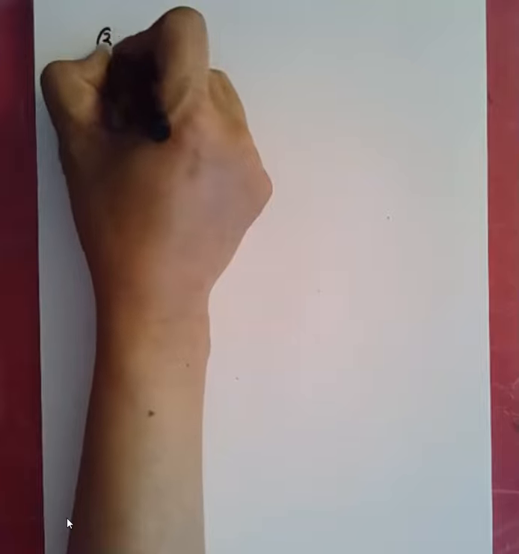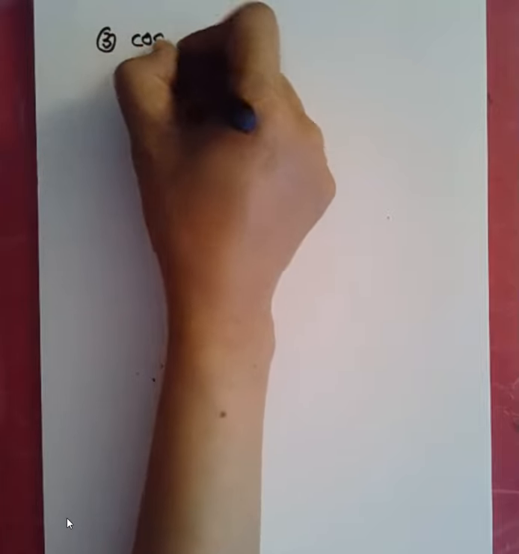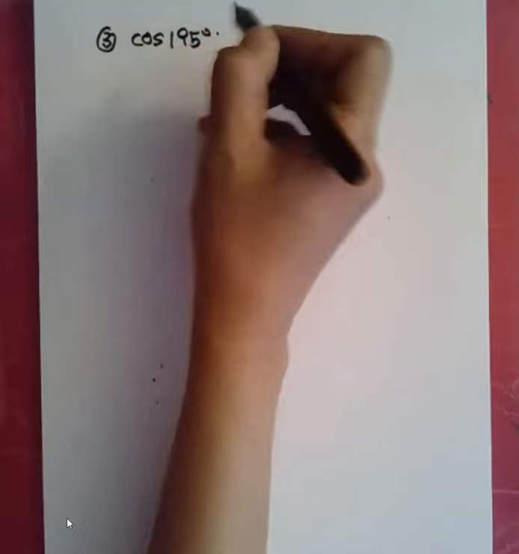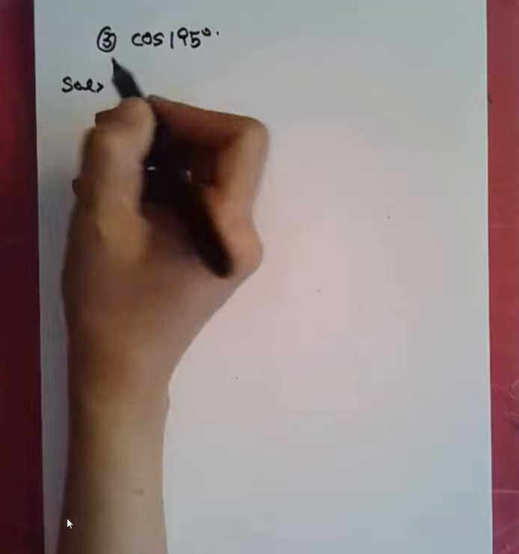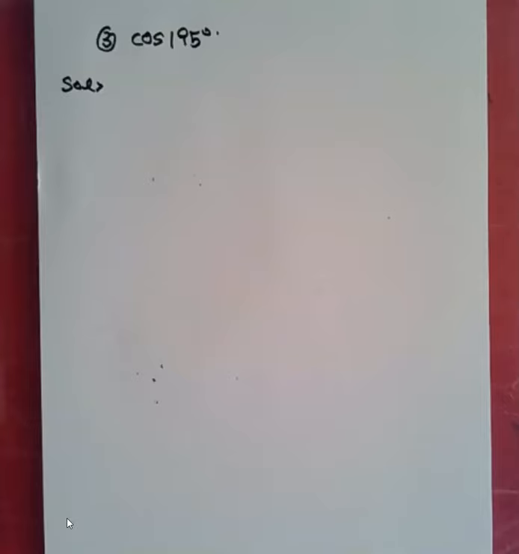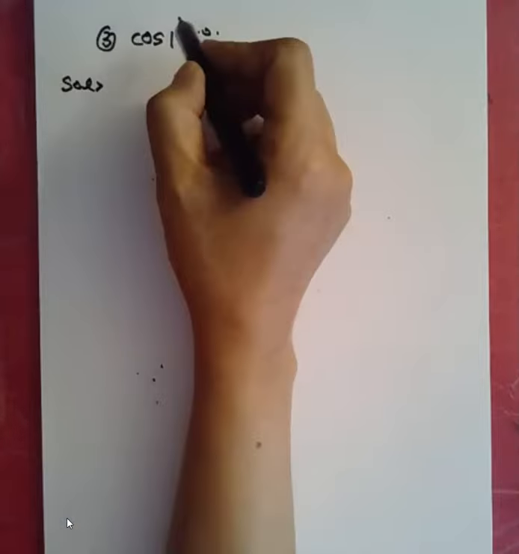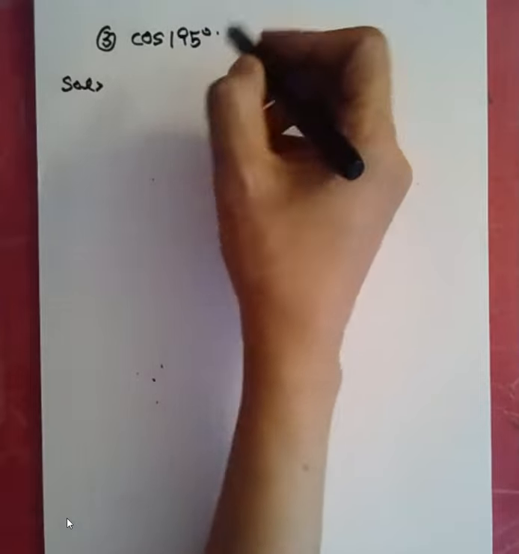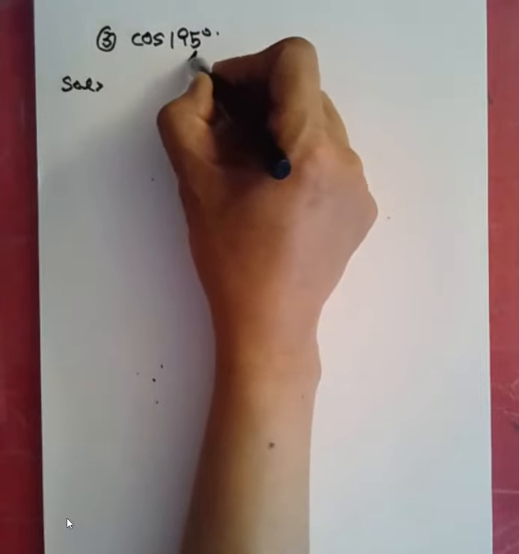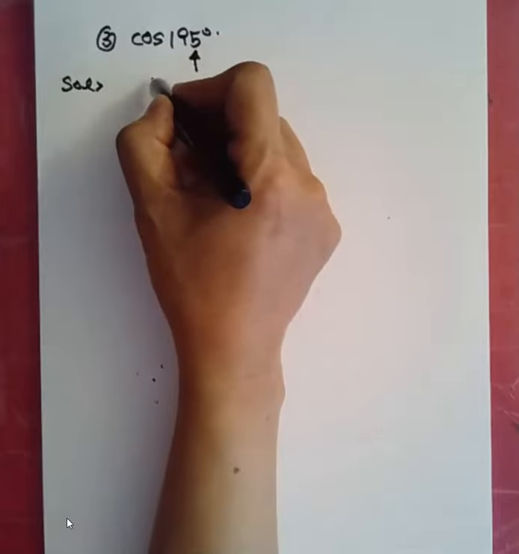The next problem is cosine of 195 degrees. This time, we will think about the sum or difference formula with the cosine function. The first thing you can notice from the number given here is that the last digit is 5.